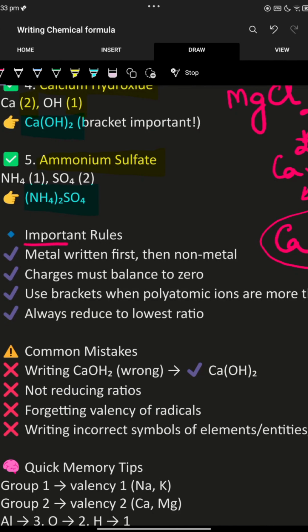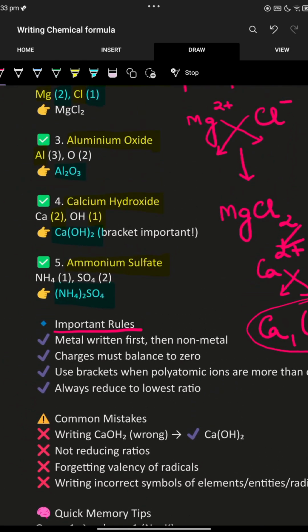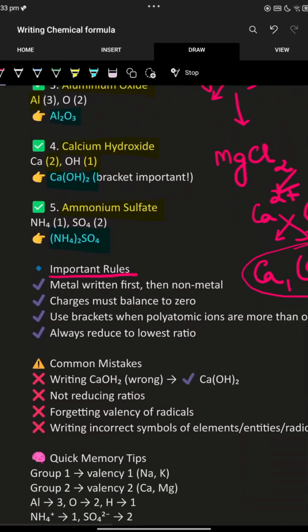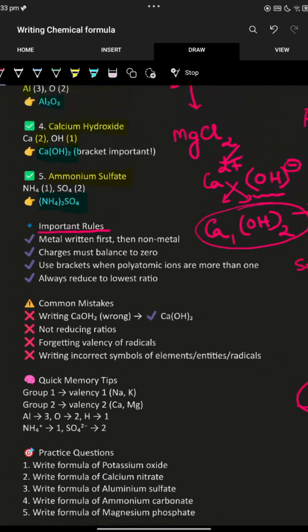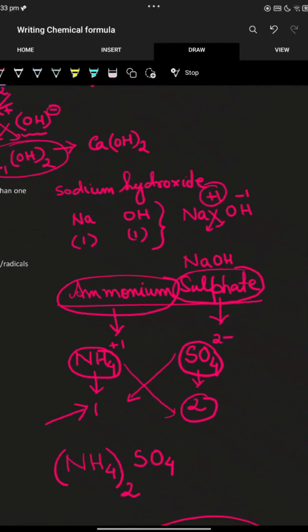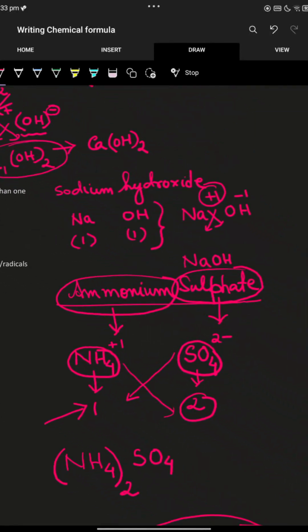Okay, next we are going to see the important rules. Metal is written first. Everywhere we have seen metals to be written first. Now charges must balance to 0. Whatever is the charge over the positive part, the metal part, and the negative part, the counter ion, ultimately you are seeing there is no charge.